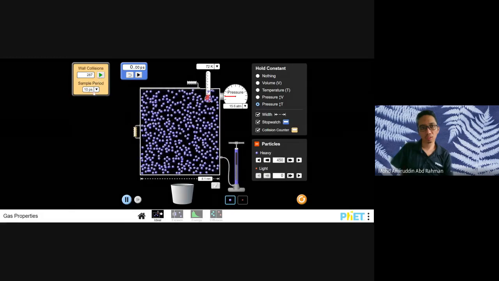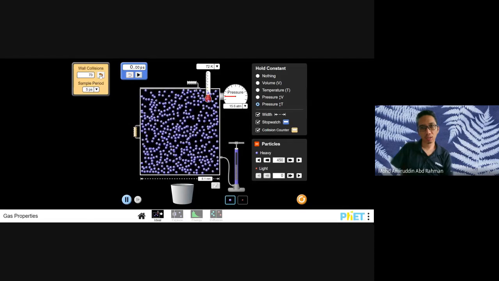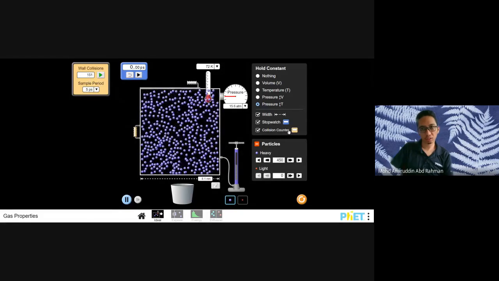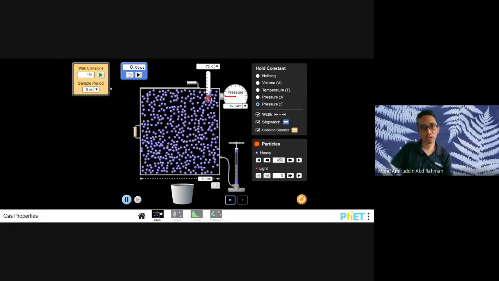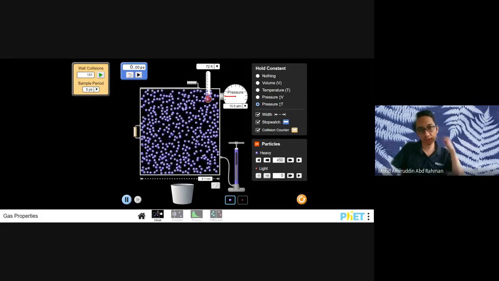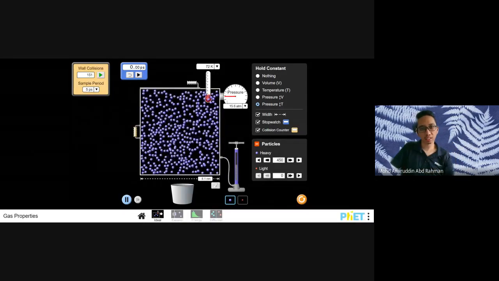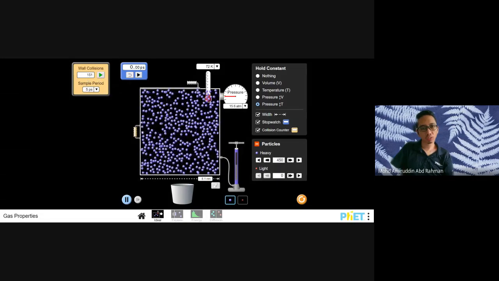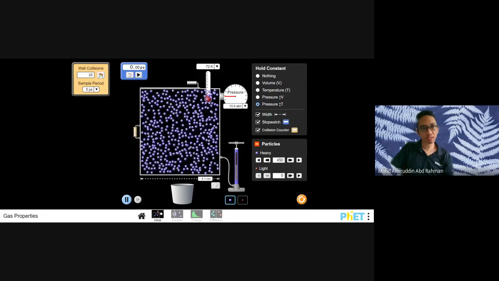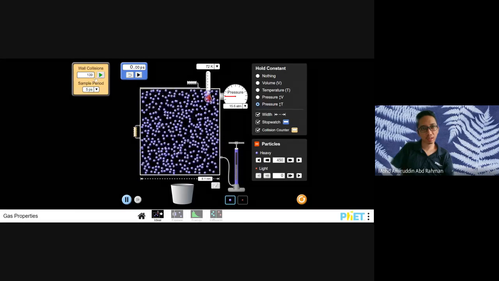If you are interested to know more, you can click on the collision counter. You can count, at that time, let's say within 5 picoseconds, how many times the wall is hit by the molecules. Say it hits 139 times.